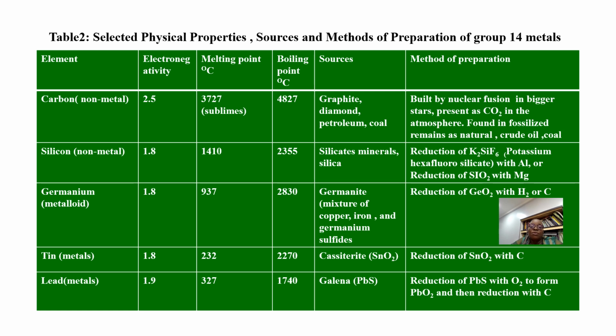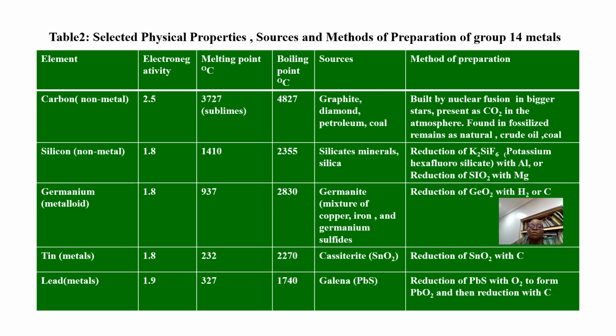Germanium can be gotten from germanite, which is a mixture of copper, iron, and germanium sulfide. Tin can be gotten from tin dioxide, called cassiterite, while lead can be obtained from lead sulfide, known as galena.